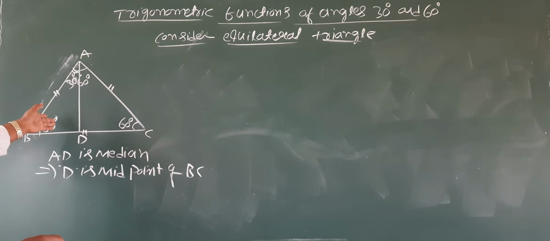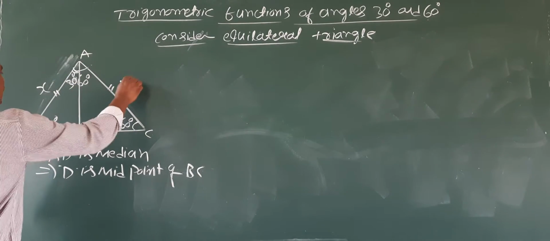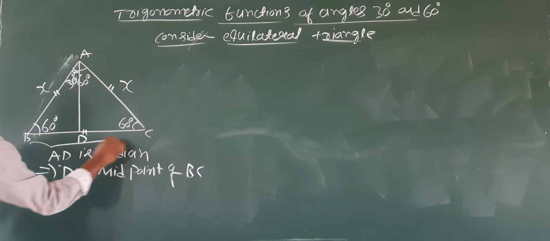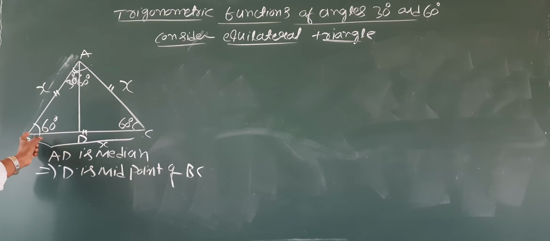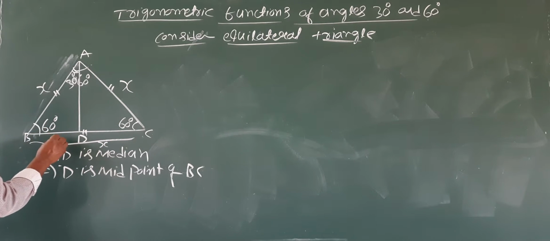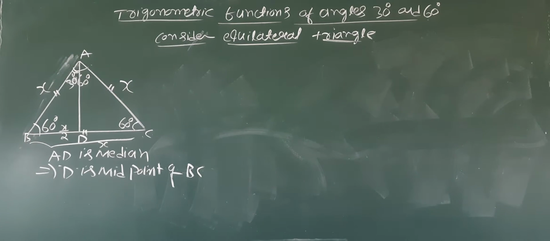Now you take measure of each side as x. Full distance BC is x. BD is half of BC, that is x by 2. So BD length, tell me BD length, students, x by 2.